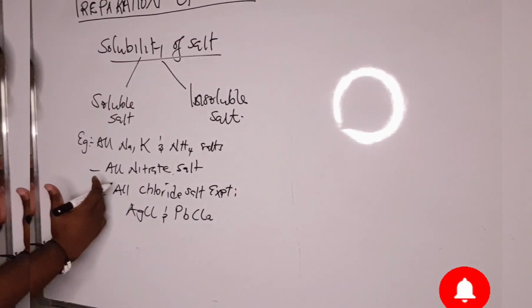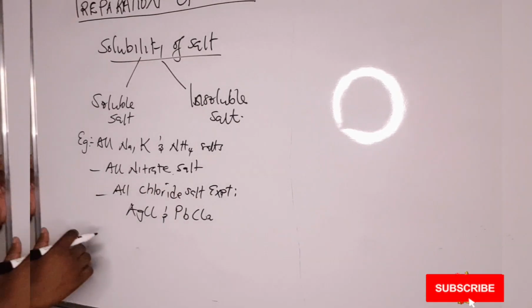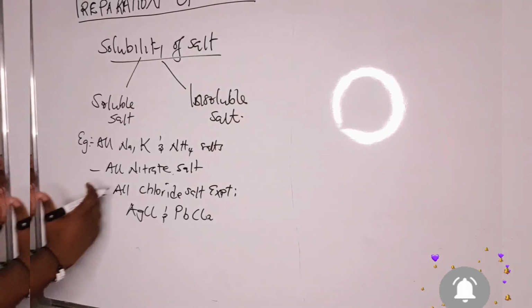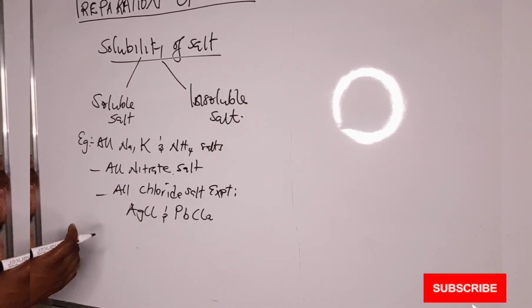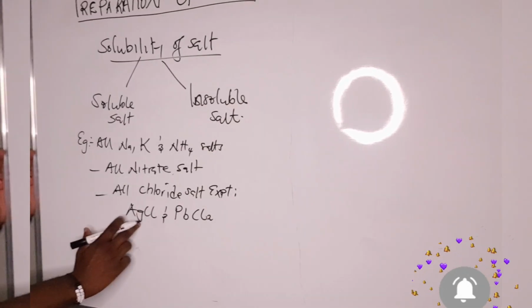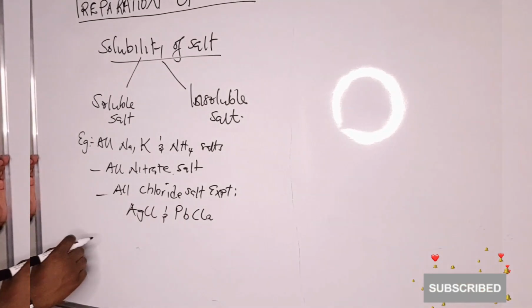So sodium chloride is soluble in water. Potassium chloride, soluble in water. Zinc chloride, soluble in water. The exceptions here are silver chloride and lead chloride.